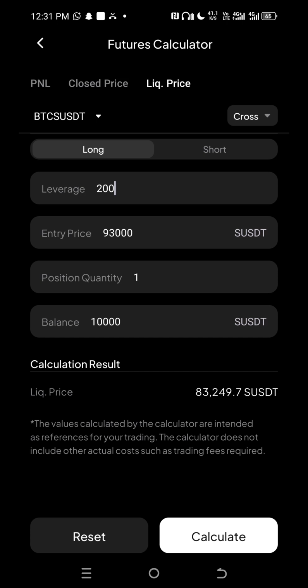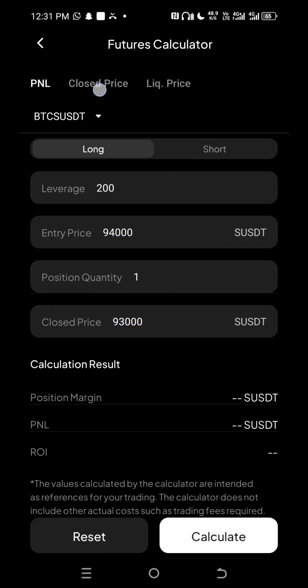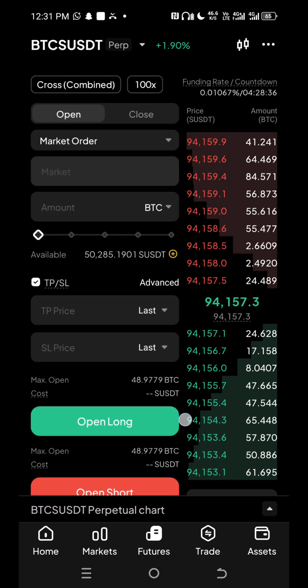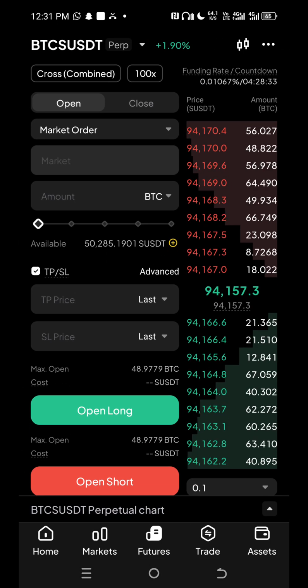You understand? Why? Because the market has increased in speed. So that is just it. This is how to check all these things. So it's very, very easy.